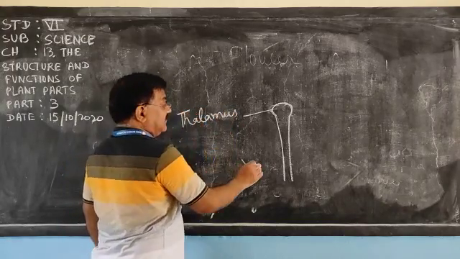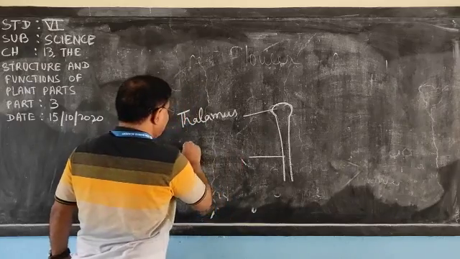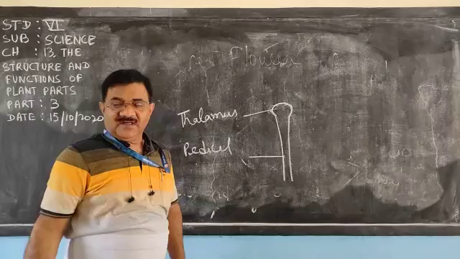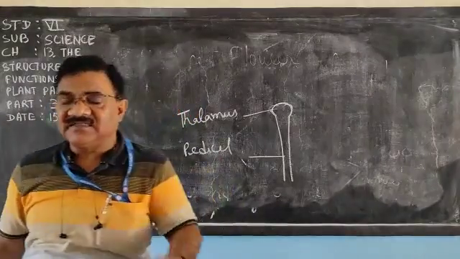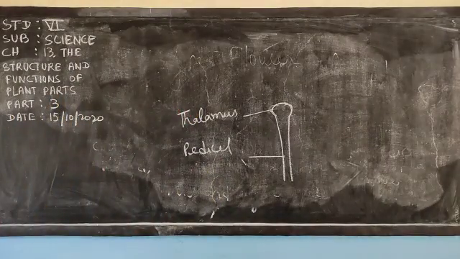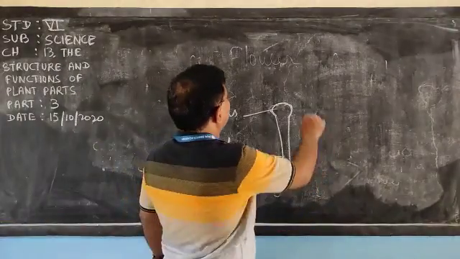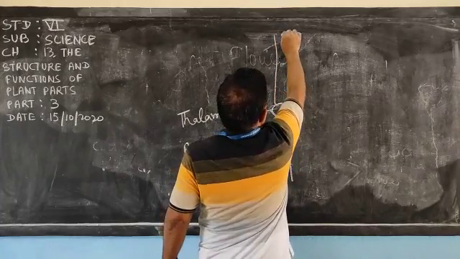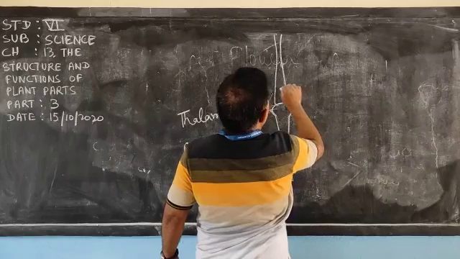Try to understand. This is the pedicel, and the upper part is called the thalamus. The thalamus bears the other floral parts. What may be the other floral parts? Let us see about the other floral parts.